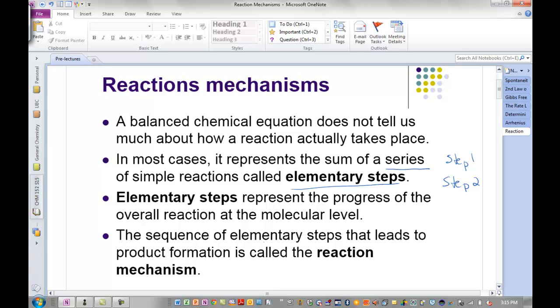And then this sequence of steps, step 1 and step 2, are going to add up to what we call our reaction mechanism. So we're going to use the rate law, we're going to use a balanced equation, but then we're going to look at how that reaction really happens. And that's what we call a reaction mechanism. All right, so let's scroll down to the next slide.